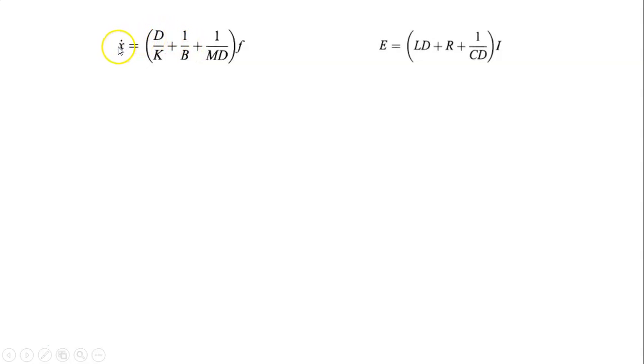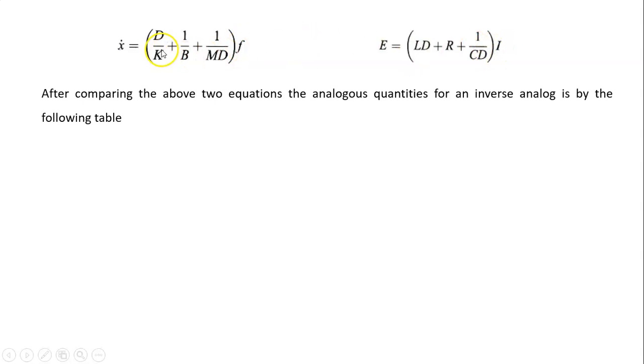Therefore x dot, velocity, is equal to voltage drop E, force F is equal to current I, 1 upon K is equal to L, 1 upon B is equal to R, and 1 upon M is equal to 1 upon C, or M is equal to C.